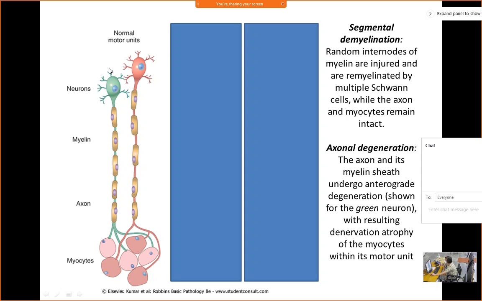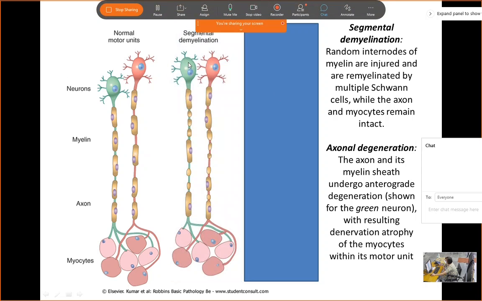These are the motor units here. This is a normal motor unit. These are neurons. These are the axons, which are myelinated, and these are the neuromuscular junctions, okay, with the myocytes. These are skeletal muscle. So this is a normal motor unit. Now you look at this. This one, the neurons are completely normal.